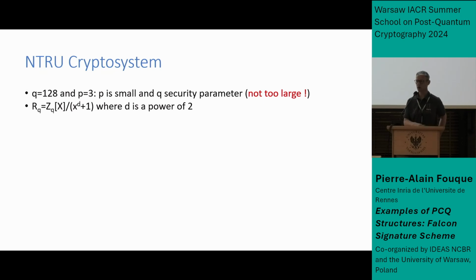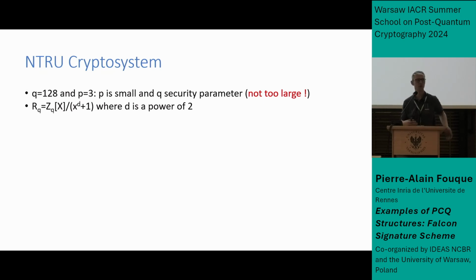So for NTRU, you now have two different integers, q and p, and q depends on the security parameter. However, it's better if q is not too large, because otherwise there are some attacks, described in the overstretched NTRU parameter work, and because NTRU has also been used to construct a lot of FHE schemes, and they can be broken if q is much too large.